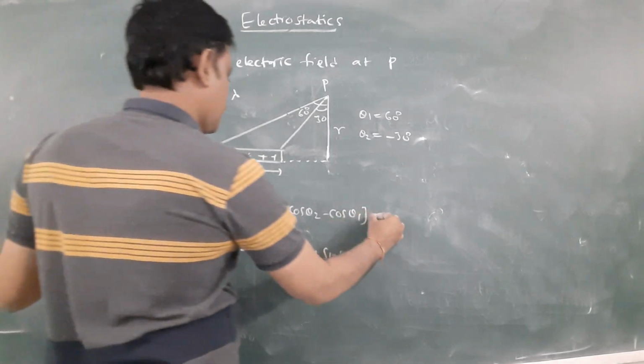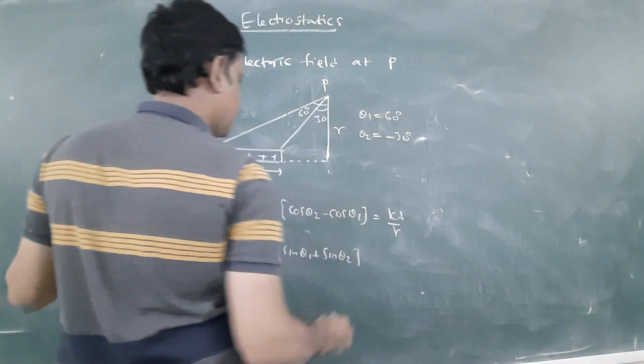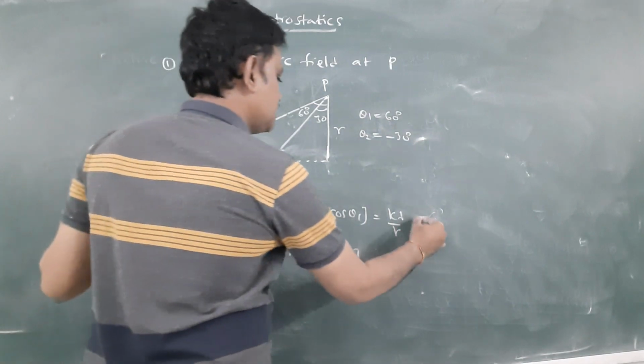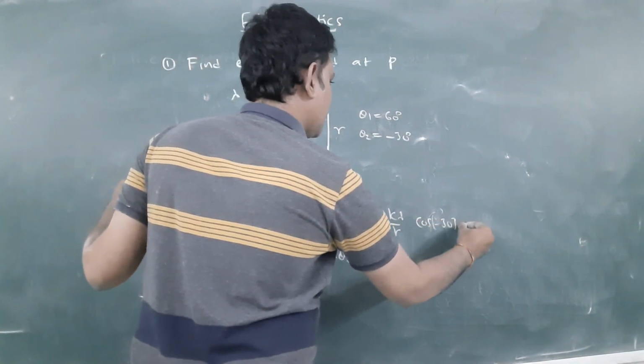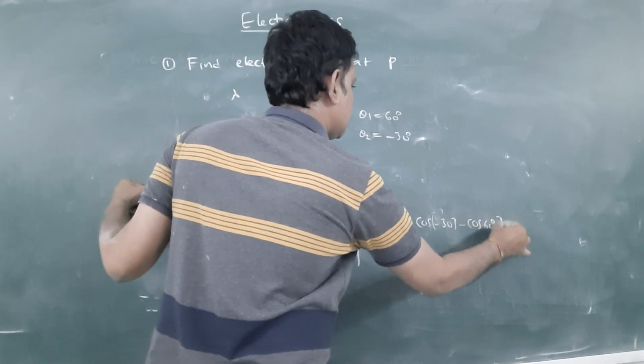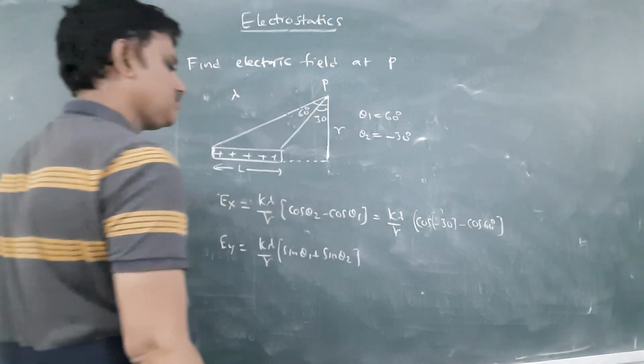So if you substitute k lambda by r into cos theta 2, that is cos of minus 30, minus cos 60.